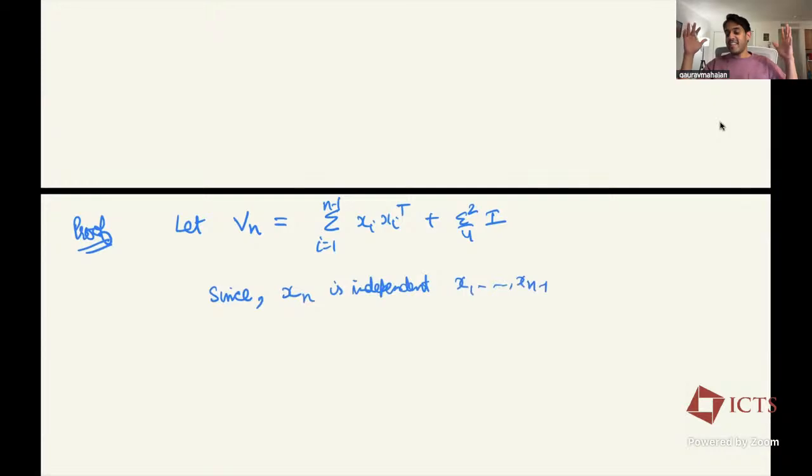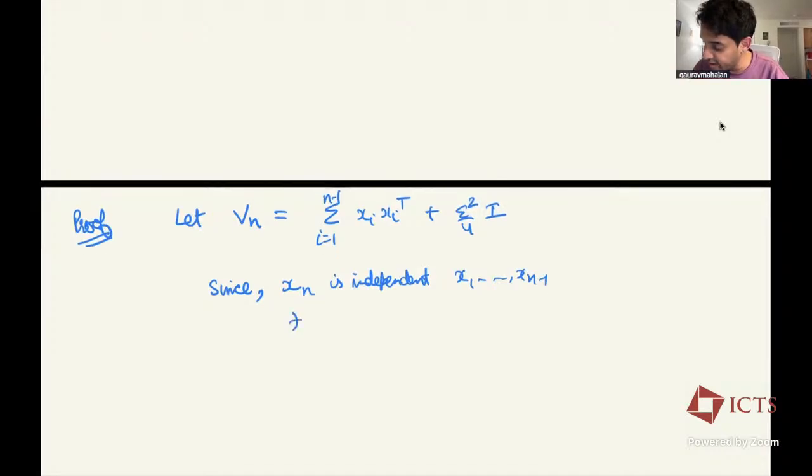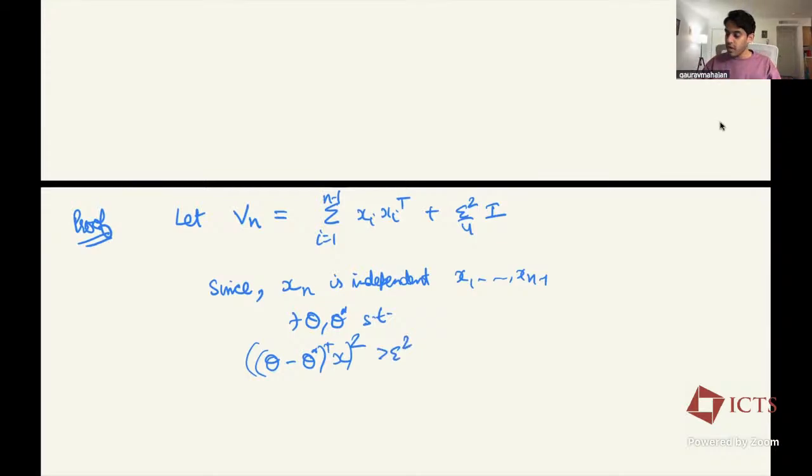Okay, so if xn is independent of x1 to xn minus 1, that means that there exists some theta and theta star such that they disagree on xn. So if you look at the square, this is more than epsilon square. And they agree on the other vectors.